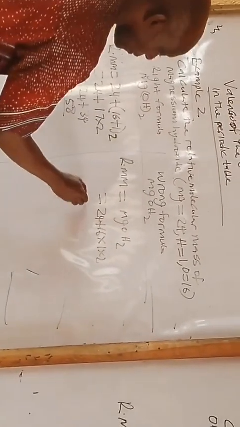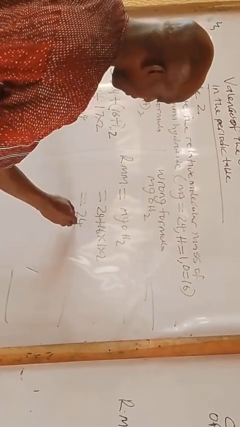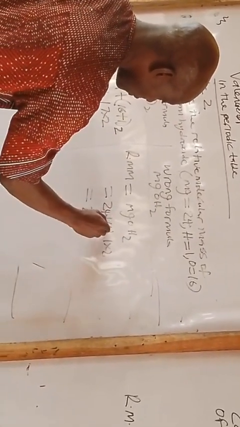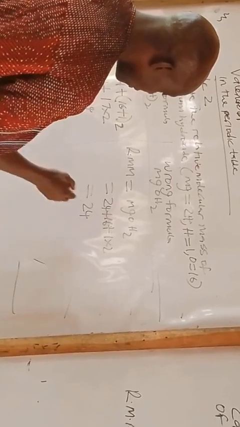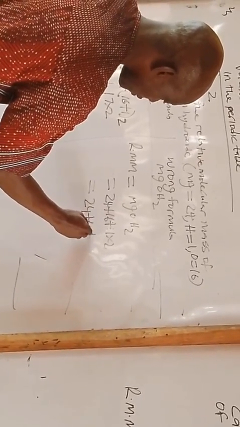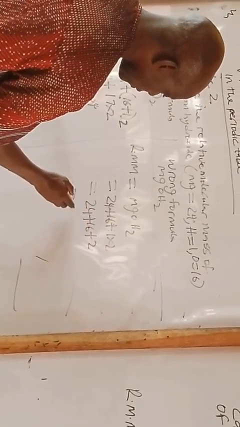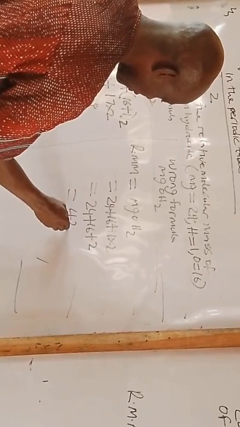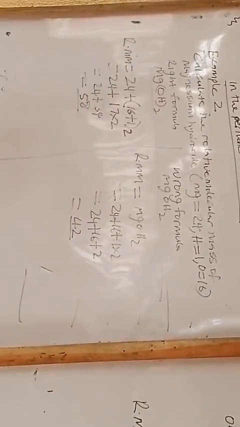So 24 plus 16 plus 1 times 2. 24 plus 16 plus 2. So this will give us 42. You can see the difference.